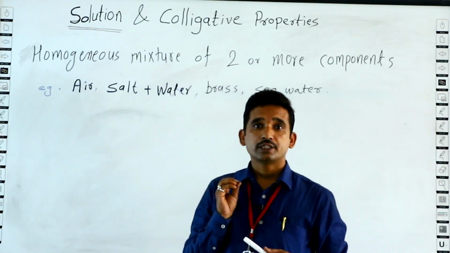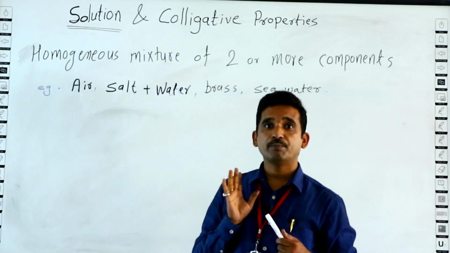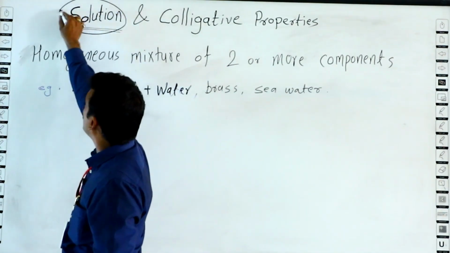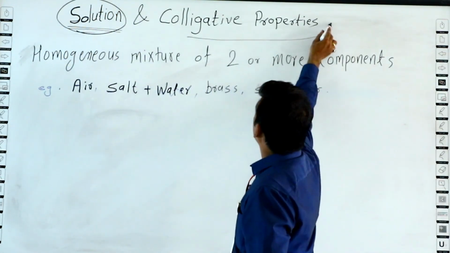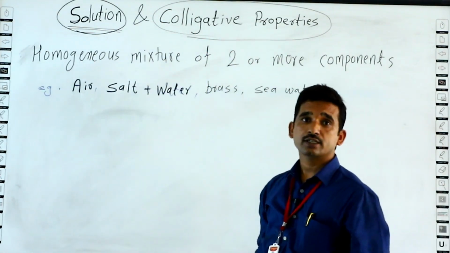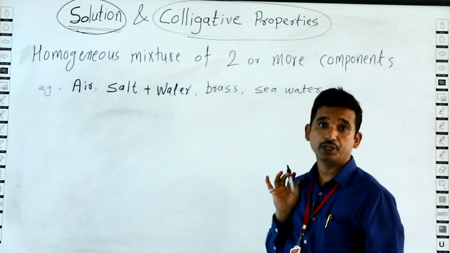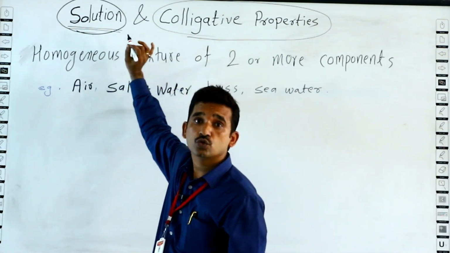This chapter is divided into two main parts. The first one is solution, and the other part, which will be discussed after that, is colligative properties. Firstly we will discuss what a solution is.